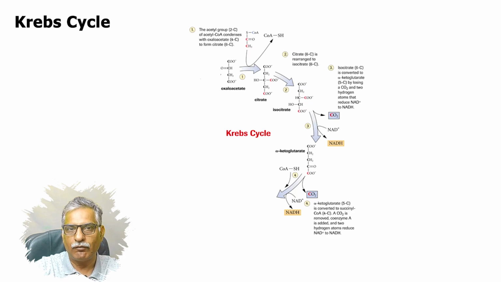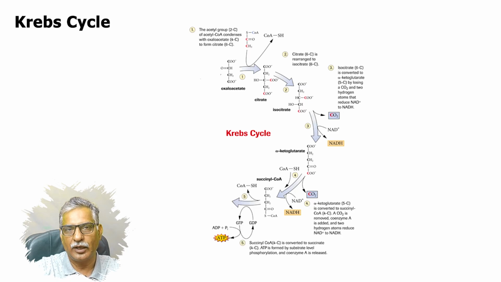Within the same step, coenzyme again makes its entry and binds with the 4-carbon molecule resulting after decarboxylation of alpha-ketoglutarate. What we have at the end of this step is succinyl coenzyme A.